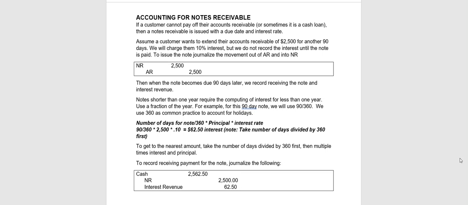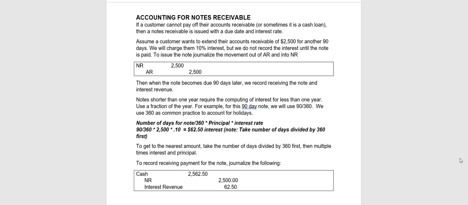So let's say, for example, that Joe charged $2,500 on account with us. And so we had initially recorded it as debit to account receivable, credit to sales. But now Joe has come and said, I can't pay you my account receivable. Can I have a 90-day extension on it?